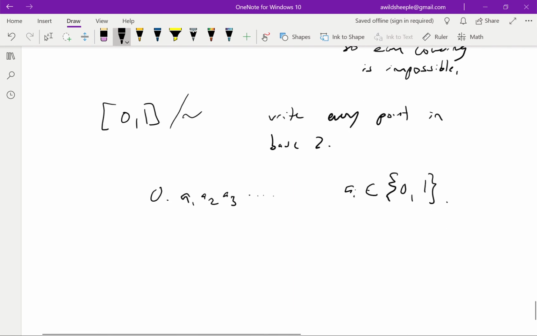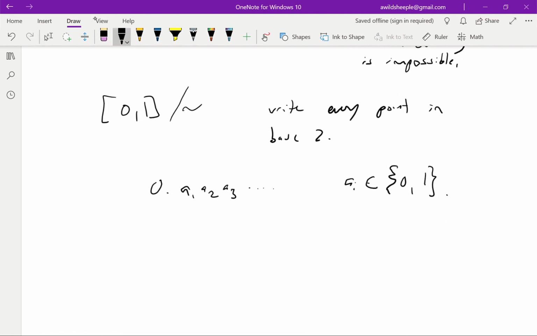Then, what does our doubling map do? Well, if I multiply all these things by 2, then all of the 1s get doubled up to 2s, which mod 2 are 0, and then you have to carry, which pushes things forward. And if it's not clear what this does, just think about what happens in decimal. If I take the decimal expansion of something and multiply it by 10, the effect is to move the decimal point. But we're only interested in 0, 1, right? Everything here is mod 1.